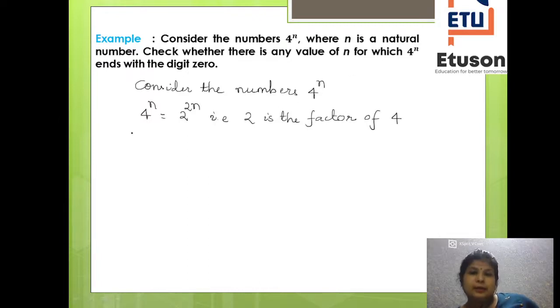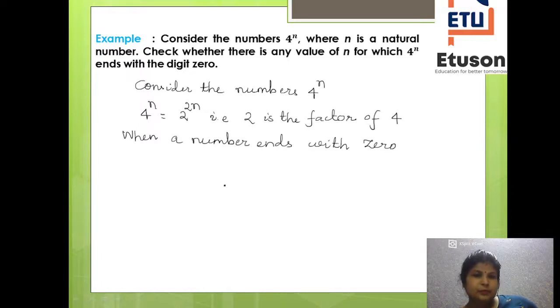Correct. When a number ends with 0, it should have 5 as a factor.